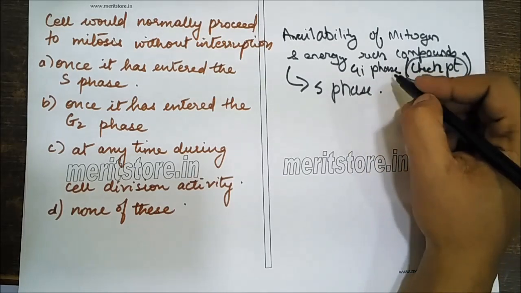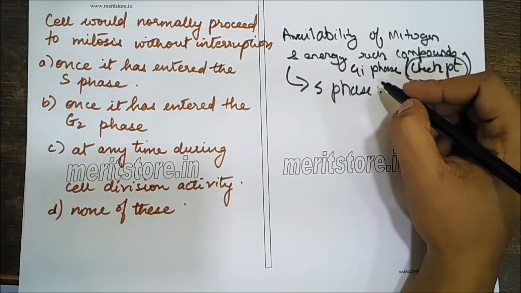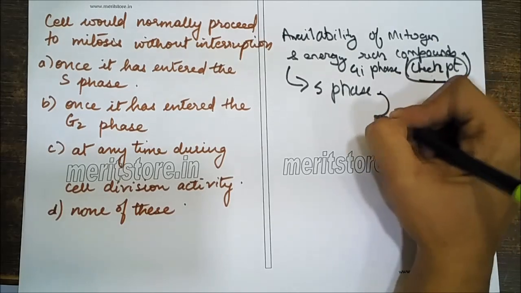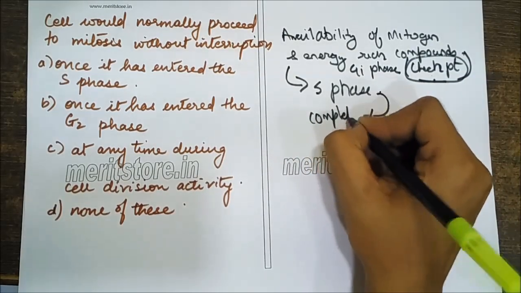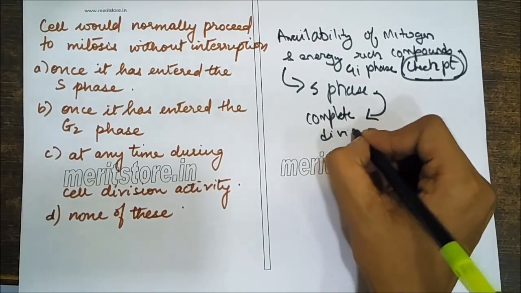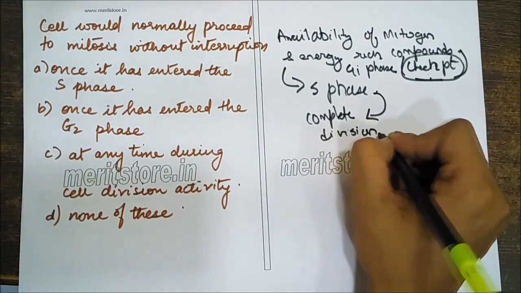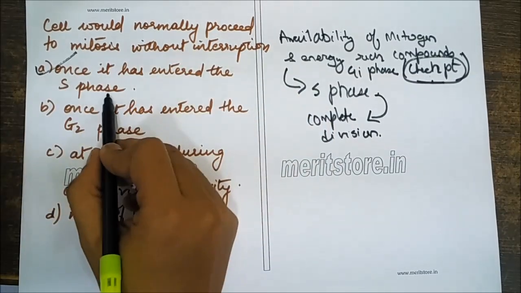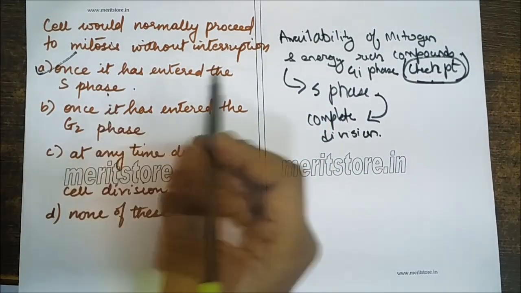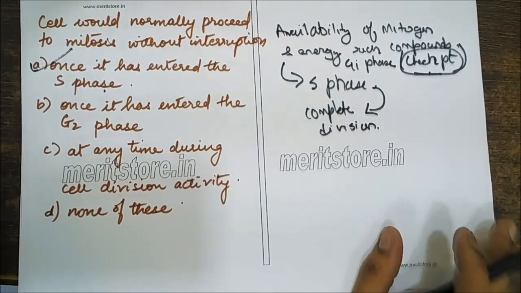If it is not, then G1 phase will be arrested, and once it has entered the S phase, it proceeds to complete division. So the cell would normally proceed to mitosis without any interruption once it has entered the S phase, because the complete division will take place.